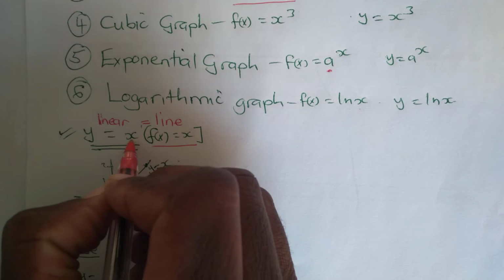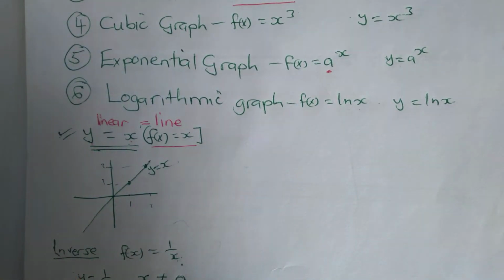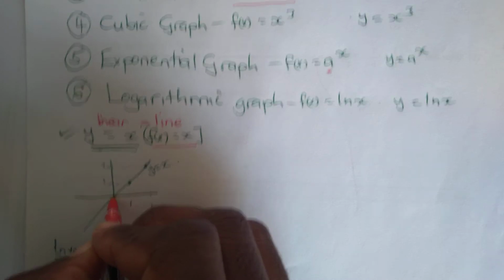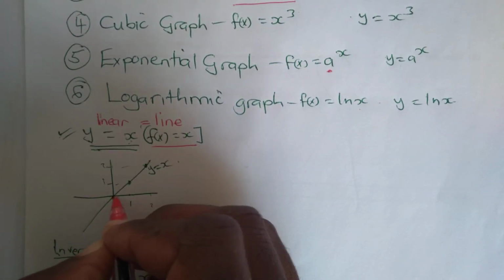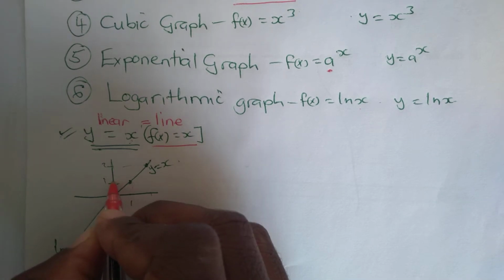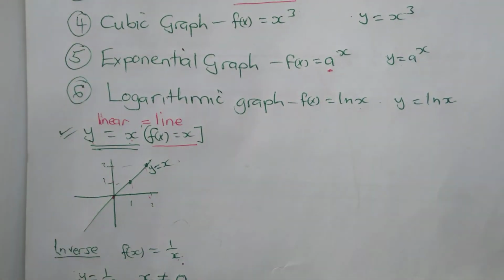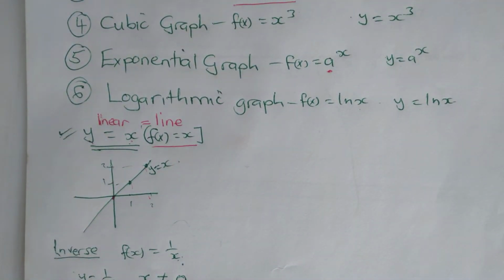So when x is 5, y is also 5. When x is 2, y is also 2. When x is 0 here, y is also 0. And when x is 1, for example, y is also 1. So this is a linear function.